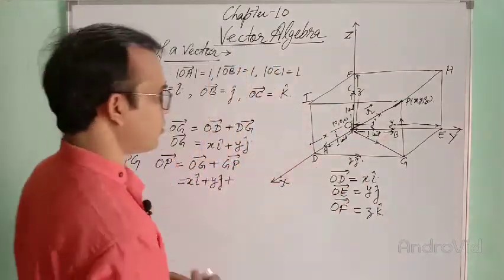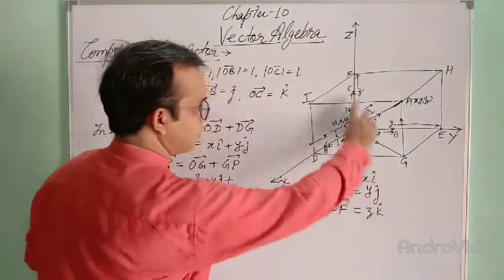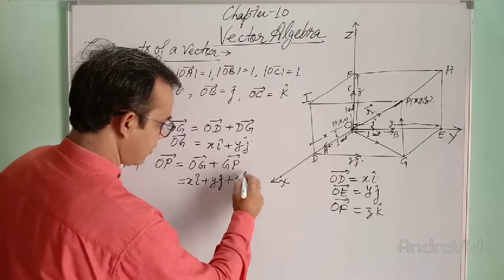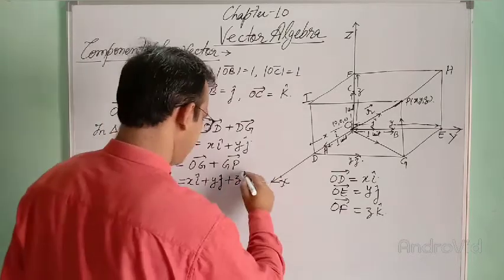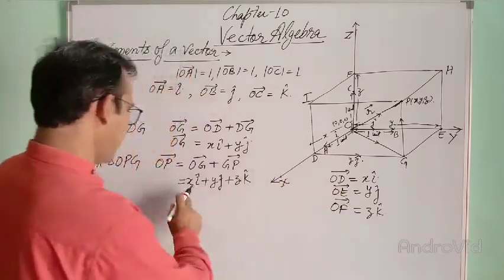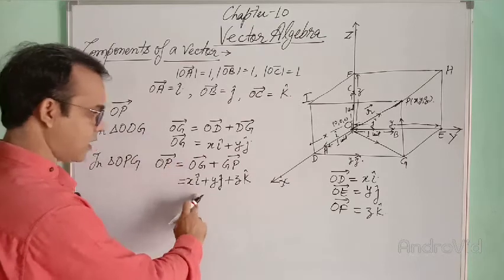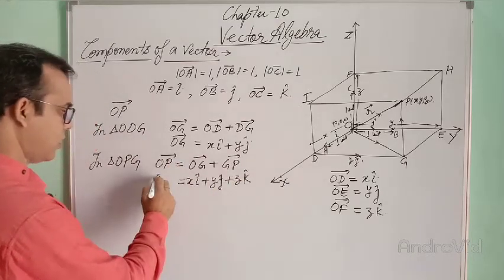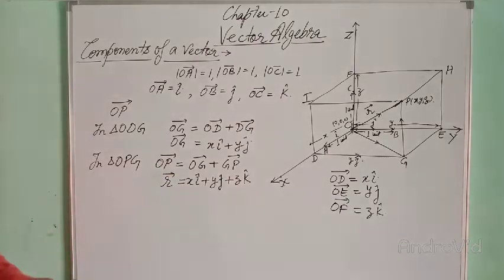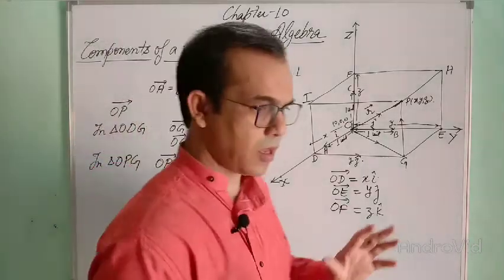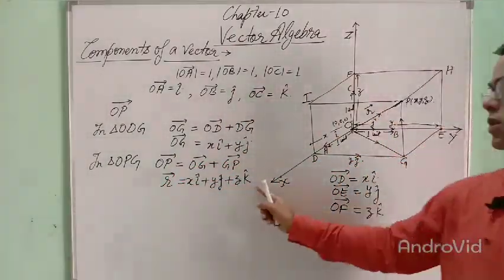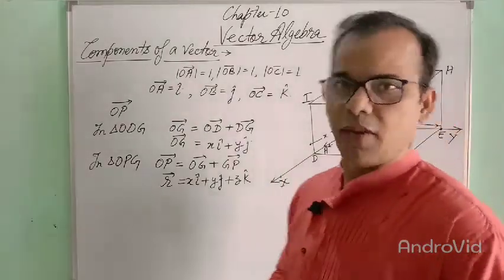It means it is also z k cap. So we have finally the vector OP equal to x i cap plus y j cap plus z k cap, and the vector OP is actually the vector R. So we have written here R vector equal to x i cap plus y j cap plus z k cap. This is called the component form of a vector.